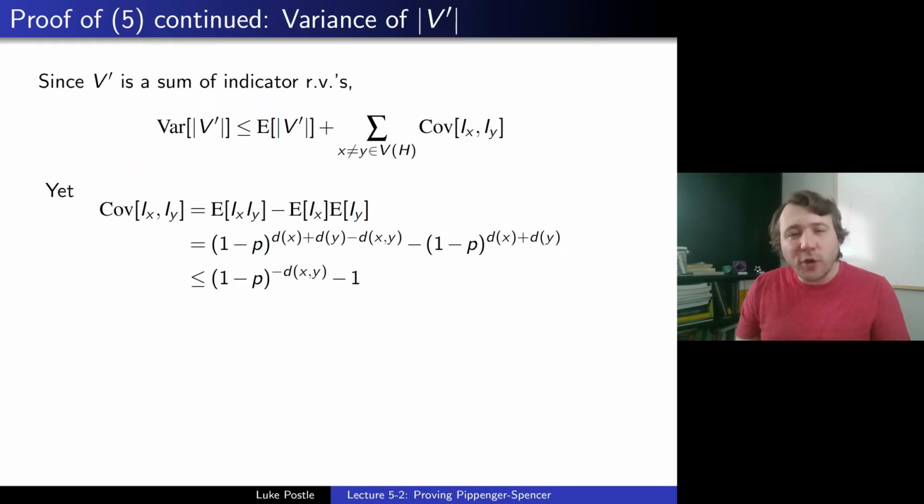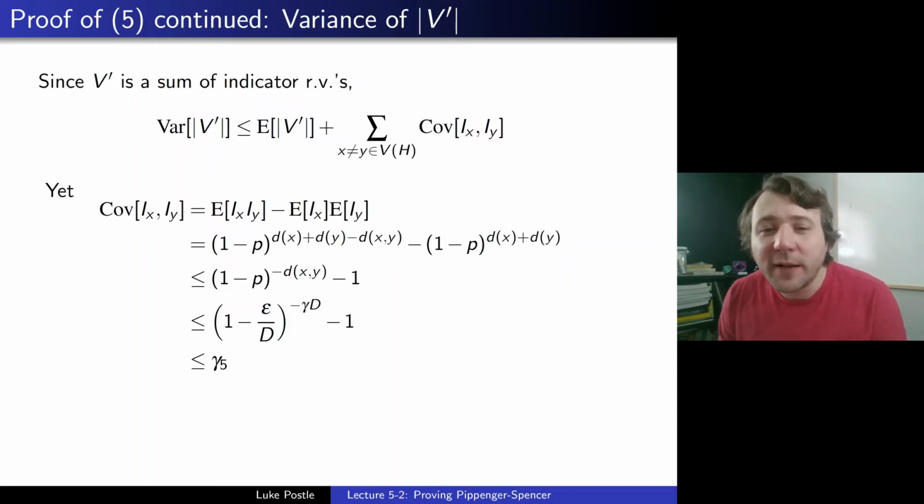So what good is that? Well, you could note that we could just factor out a term of 1 minus p to the dx plus dy, which of course is at most 1. So we can just upper bound this by 1 minus p to the negative co-degree, minus 1. And then if you plug in that p is epsilon over d, and here we're using that the co-degrees are small, it's at most gamma d. Then this covariance will indeed be small. So it'll be at most some gamma 5.